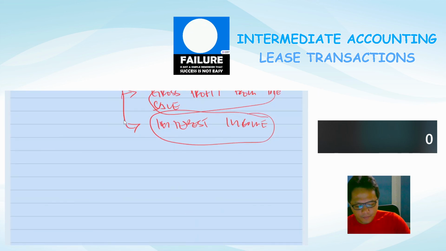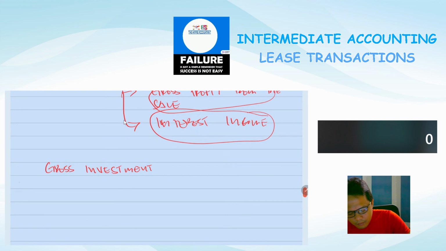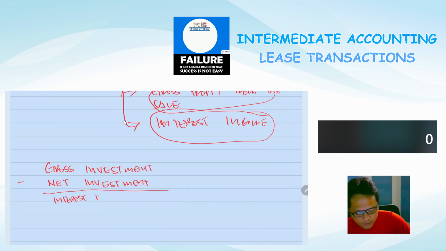Interest income muna tayo, is computed as gross investment in the lease minus net investment. Okay? Net investment. That will be your interest income.